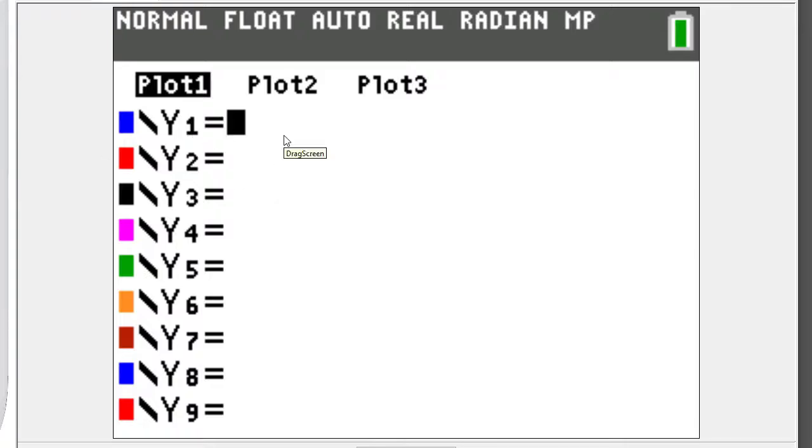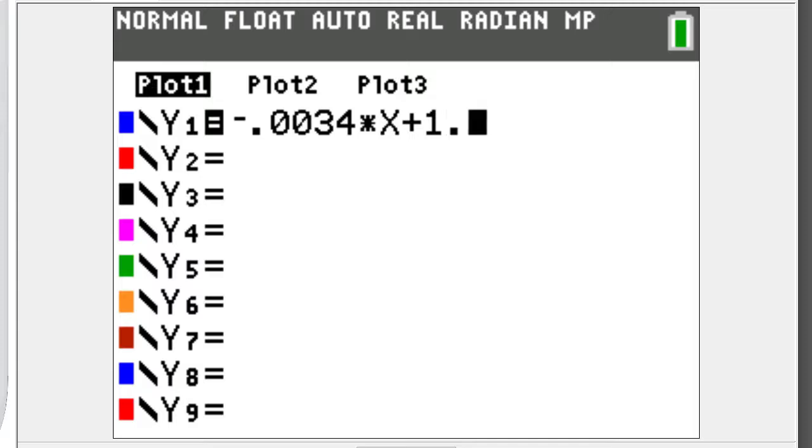My best fit line equation now is going to be negative 0.0034 times the x variable, I'll just use the variable key right here, plus y-intercept 1.083.